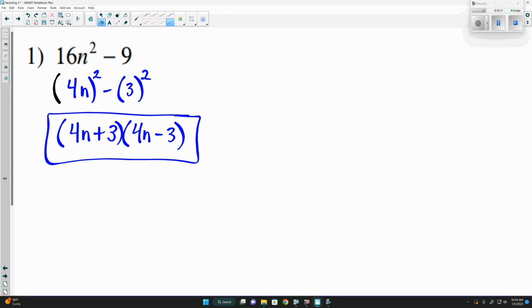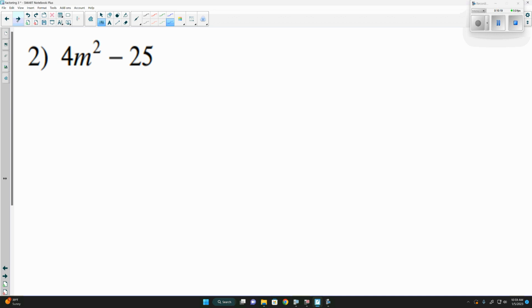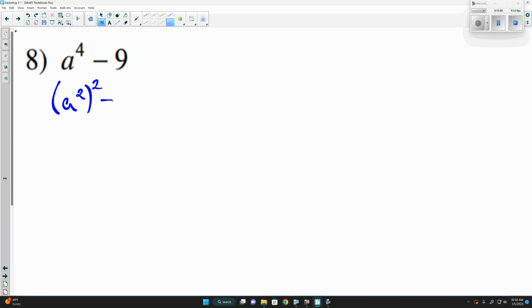We feel comfortable with these? So I feel like we're ready for the next one, yes? a to the fourth minus 9. Is it a perfect square? Yes. Because a to the fourth is the same as a squared squared, because a squared times a squared is a to the fourth.